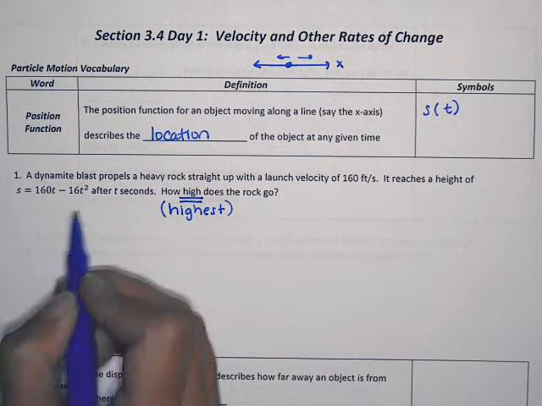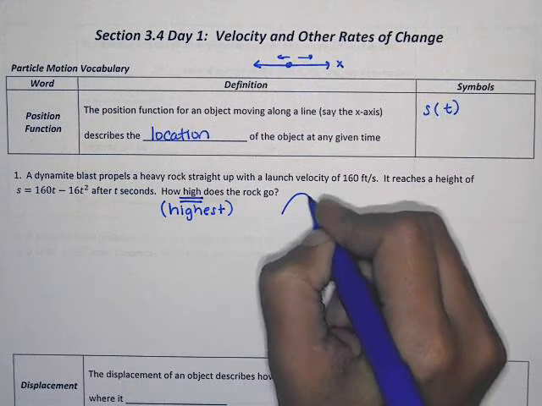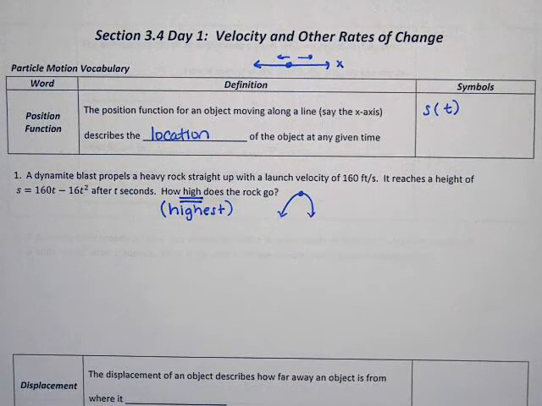Now, if we think about a parabola with a negative leading coefficient, we know that the parabola is going to be downward facing, so we're trying to find the spot that's at the top of that mountain. In order to figure out the highest spot, we need to look at the maximum, or the place where the derivative equals 0.